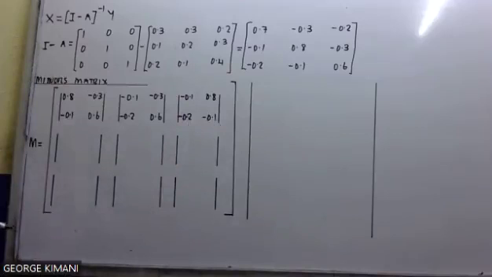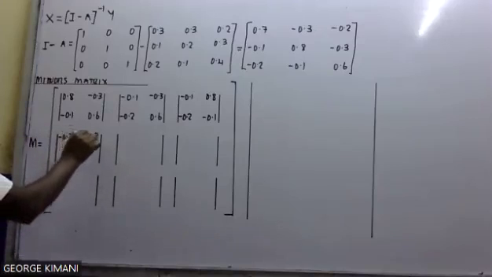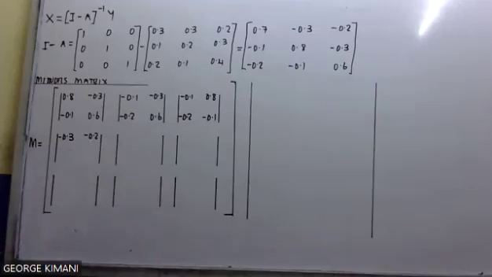Let's go to the next. We cross that, and I cross that. So it's negative 0.3, negative 0.2 and negative 0.1 and negative 0.6. Good.